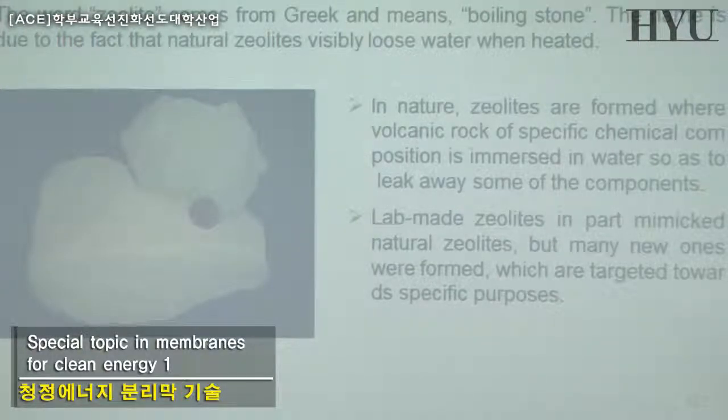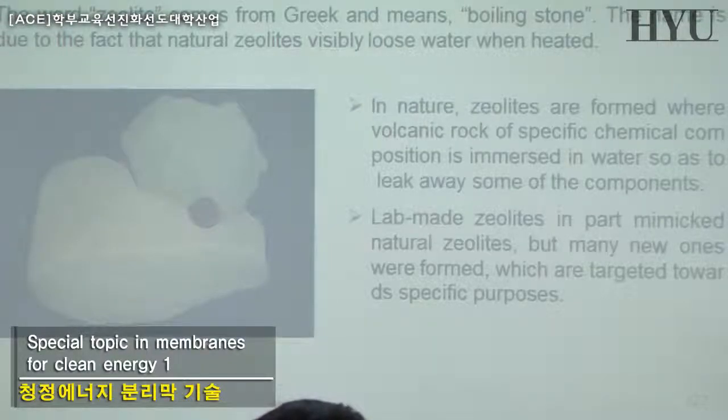We can make a zeolite at laboratory scale, and this zeolite has been used as a catalyst in the petrochemical industry. So they use this zeolite in many of the chemical industries so far.